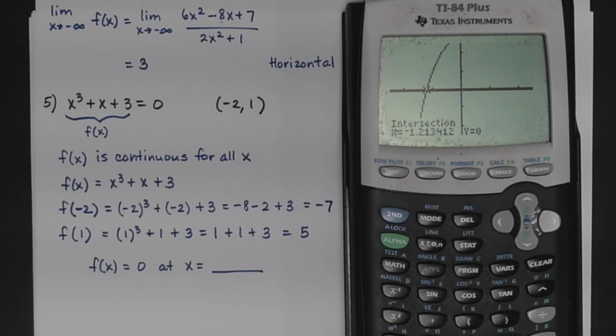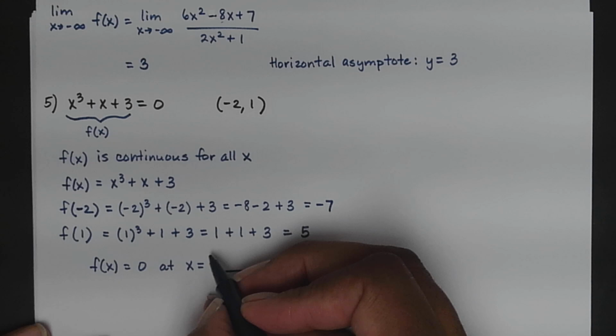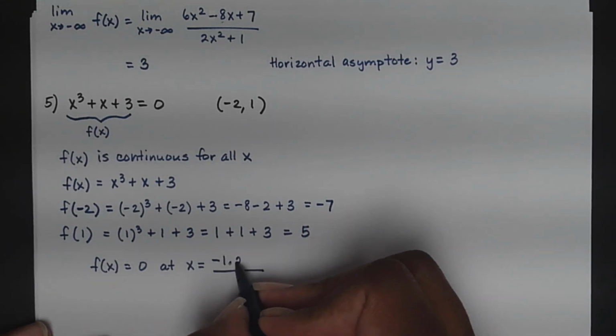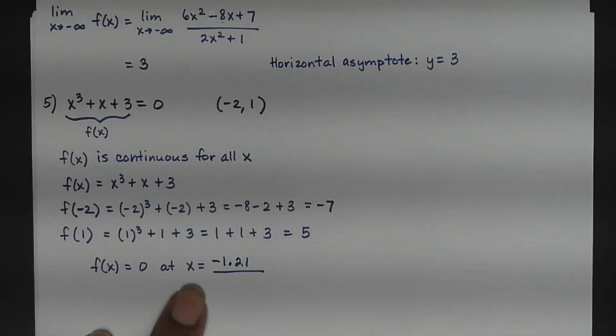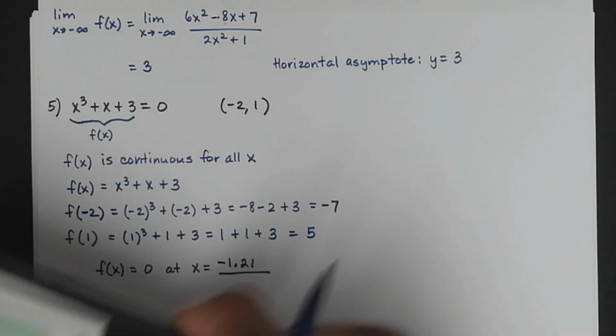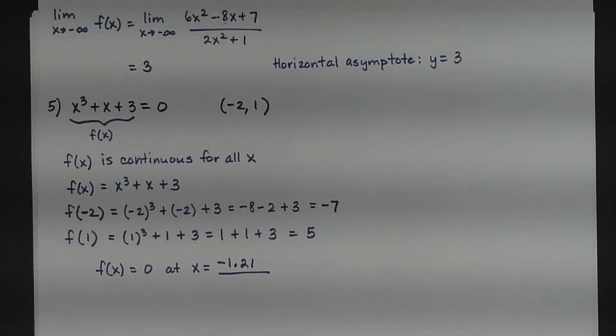And that will tell you your 0 for that function. To 2 decimal places, this will be negative 1.21. So my f of x function will be 0 when x is equal to negative 1.21. Okay, so that's how we do problem number 5.